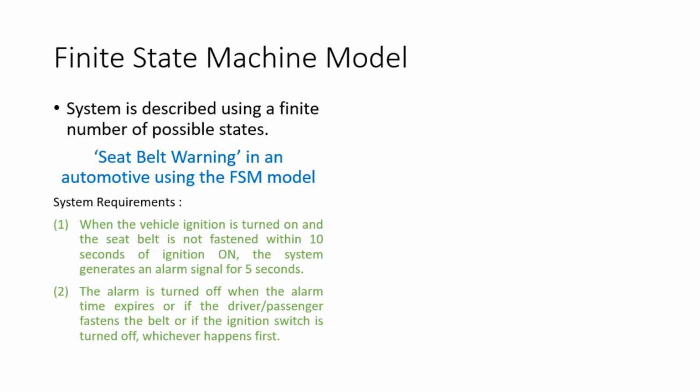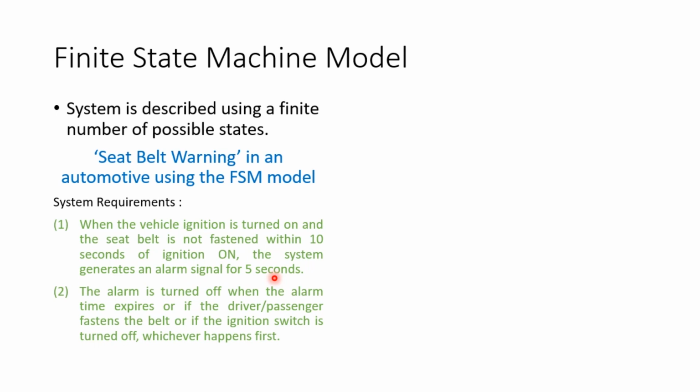So the requirements are given something like this. When the vehicle ignition is turned on and the seat belt is not fastened, meaning the driver has not worn the seat belt, within 10 seconds of ignition on, the system generates an alarm signal for 5 seconds. That is the basic thing.